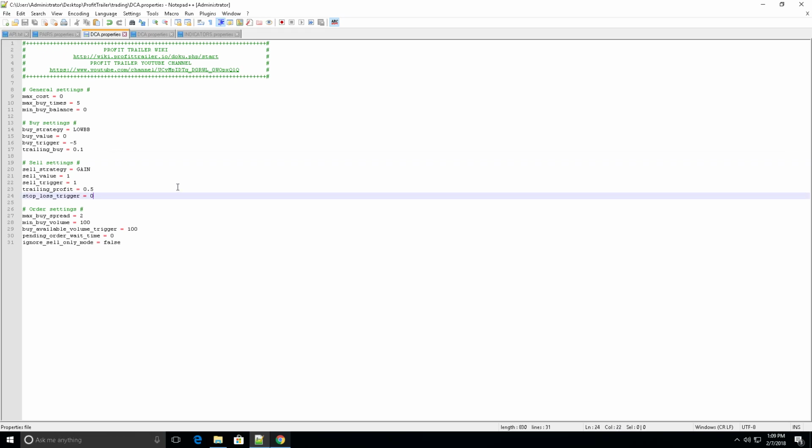Before you watch this video, please go and watch our video about the pairs.properties file first, because some of the parameters in this DCA.properties file have basically the same meaning as the ones you saw in the pairs.properties file, and we already explained them there.